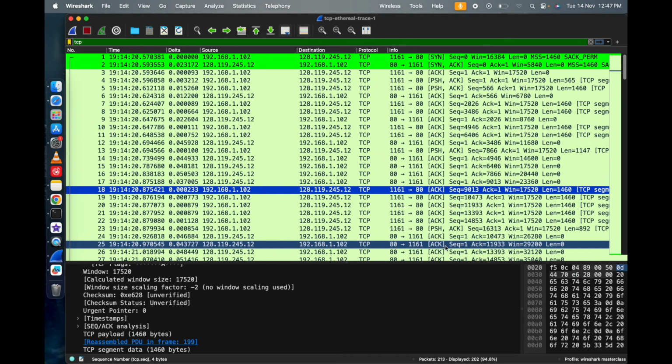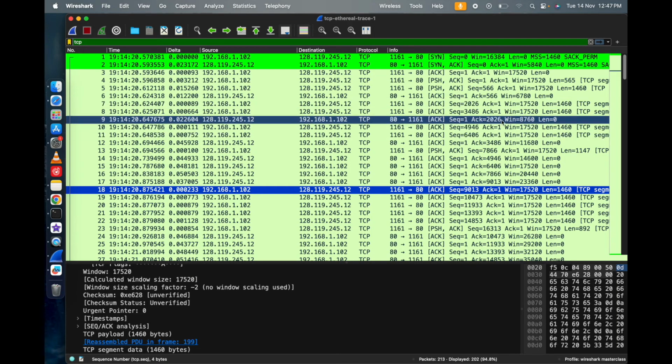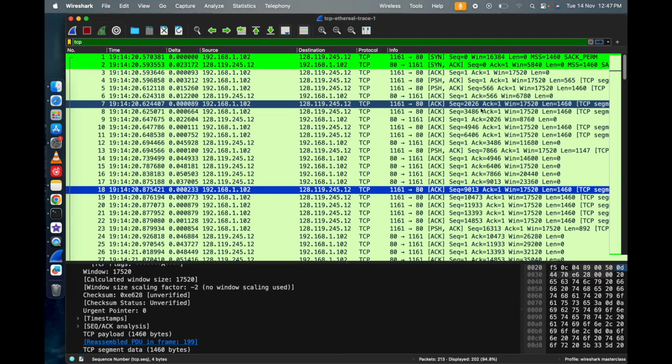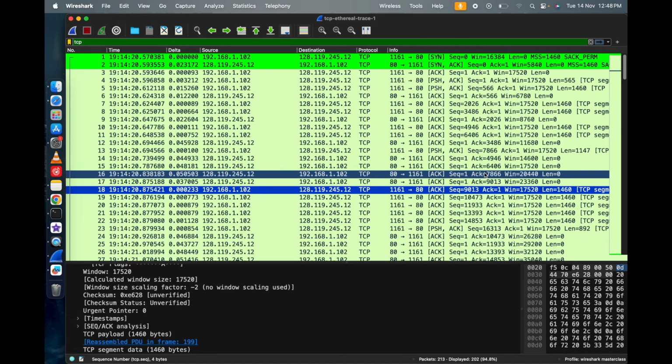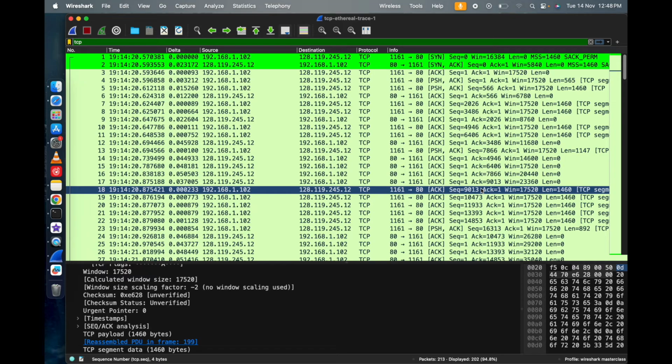And again the acknowledgement data would be completely the same as we increase the acknowledgement number from 566 to 2026 to 3486 to 4946 and 6406, and keep on increasing constantly. What we get is the same acknowledgement data for the rest of the ACKs.